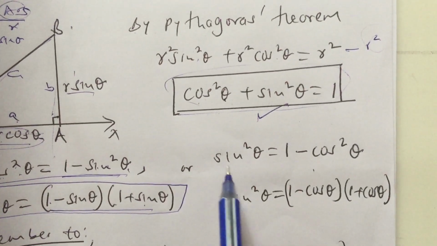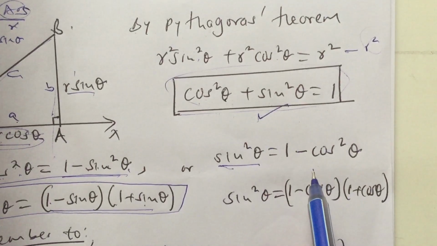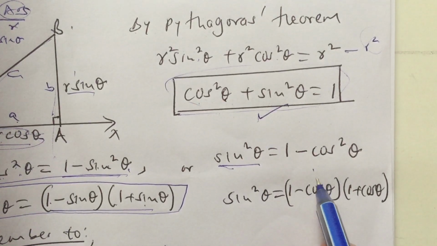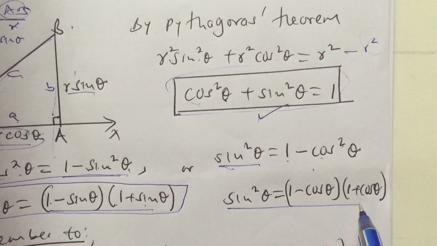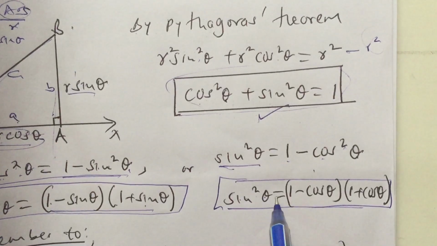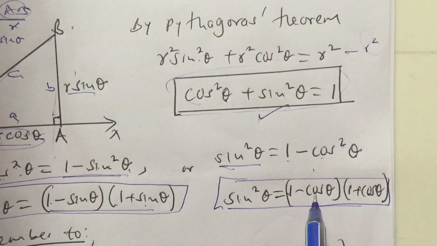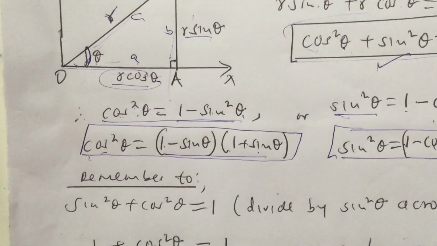Or we can decide to make sine squared the subject by taking cos squared to the other side, and this gives us 1 minus cos squared theta. Also using the difference of two squares, we can see that sine squared theta equals 1 minus cos theta times 1 plus cos theta.